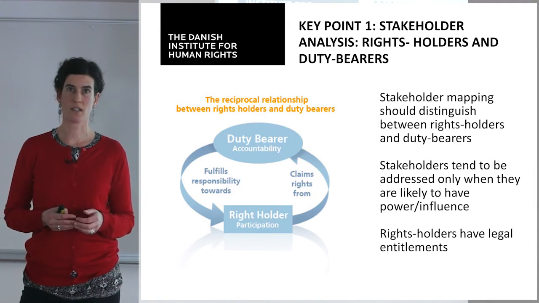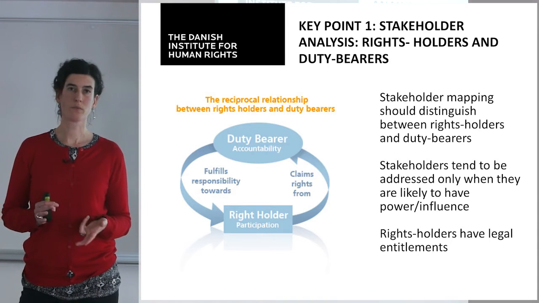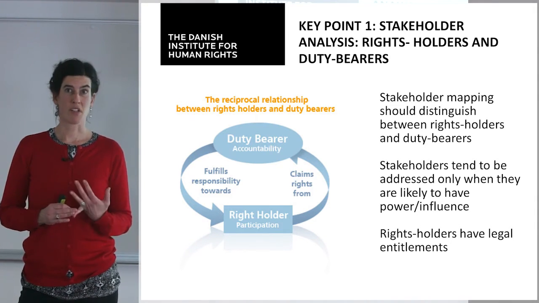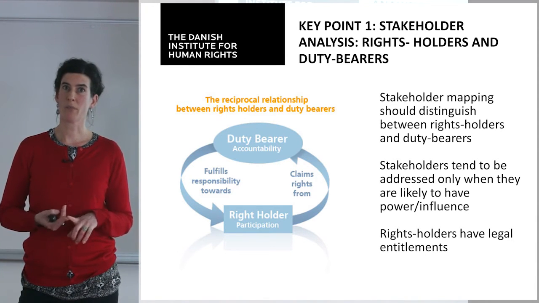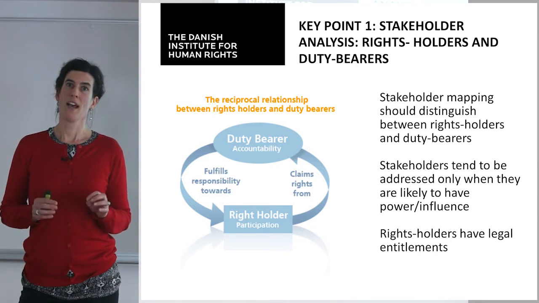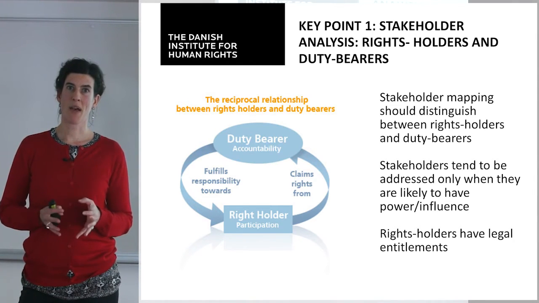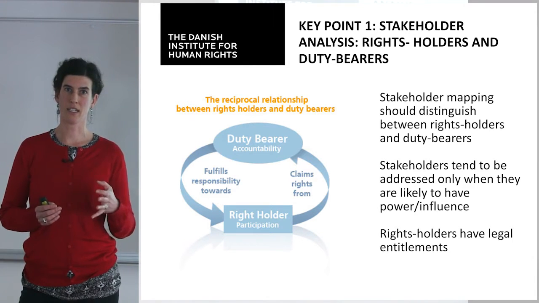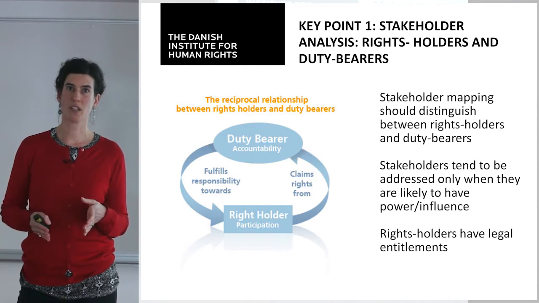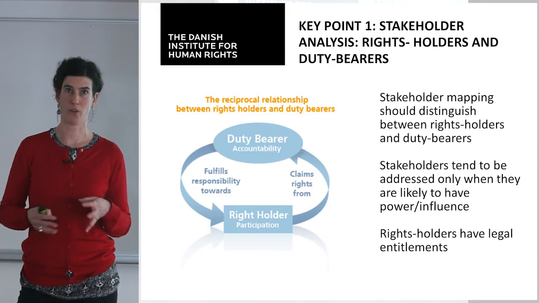So that includes actors such as the company, associated businesses, joint venture partners, government actors such as local government authorities, potentially public security forces. So it's important that the stakeholder mapping considers all of these different groups, as well as outlining in detail what their particular rights are for the rights holders and what the particular responsibilities are for the duty bearers.